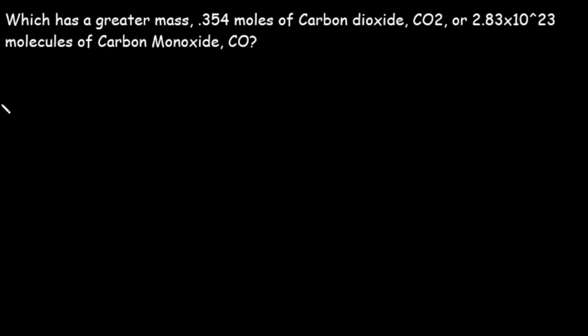In this question, it asks which has greater mass, 0.354 moles of carbon dioxide, CO2, or 2.83 times 10 to the 23rd molecules of carbon monoxide. So let's start converting each of these from moles or molecules to its mass in grams.